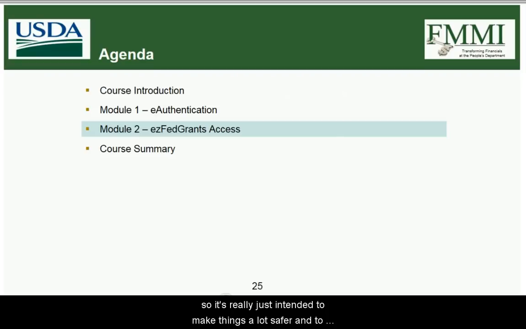So it's really just intended to make things a lot safer and to make sure that Joe Schmo off the street, for example, is not accessing your organization's grants registration. Once you get that eAuthentication account, then you can actually go into the ezFedGrants system and request an account through there. So really, it's kind of, again, a two-step process. First you need eAuthentication access, and then you need ezFedGrants access, which is what we're going to talk about.